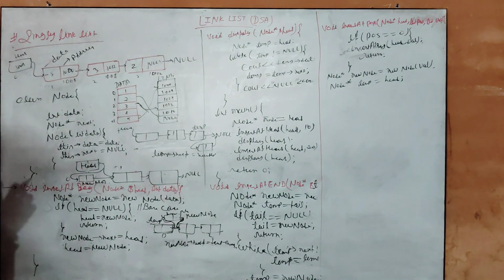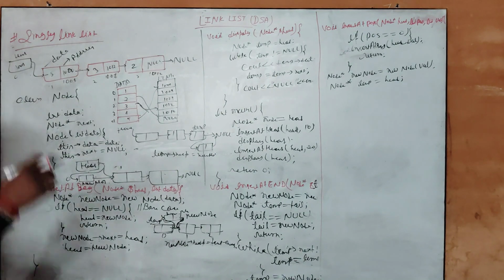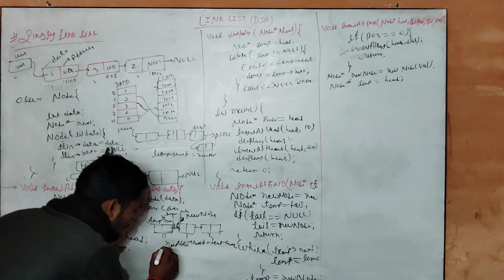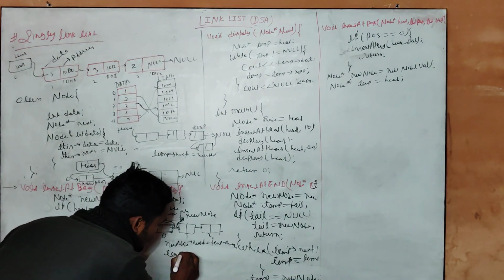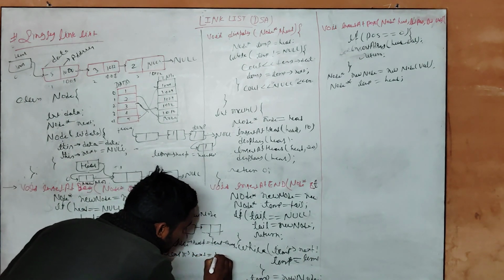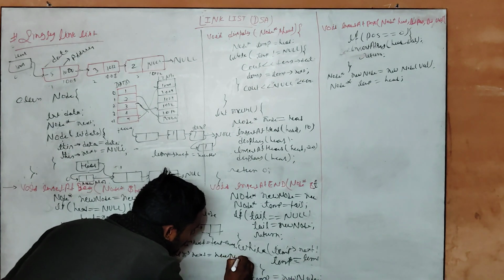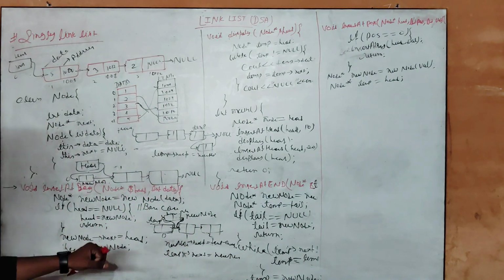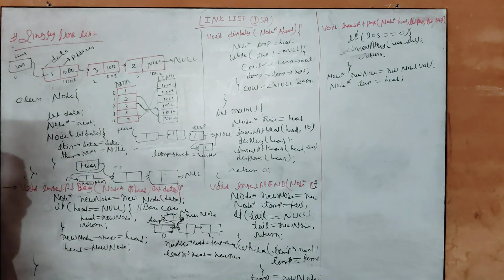Fine. Then temp of next is equal to new node. Fine. Just imagine, I'm just writing the code here.